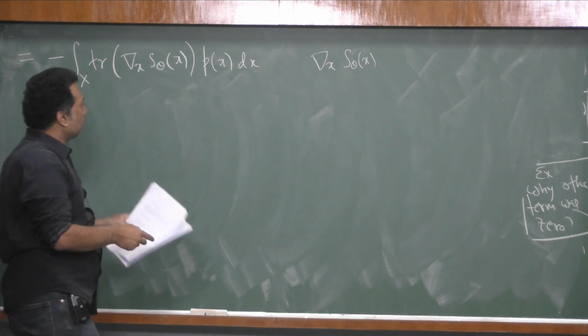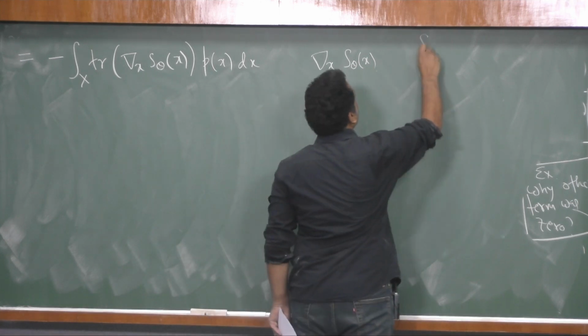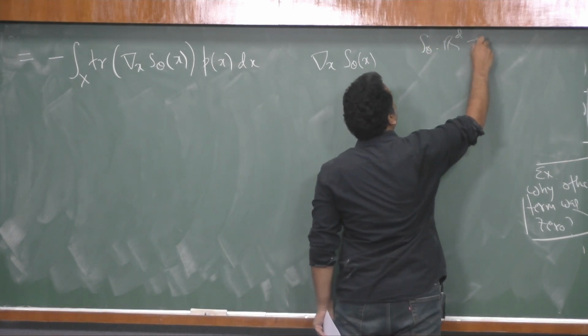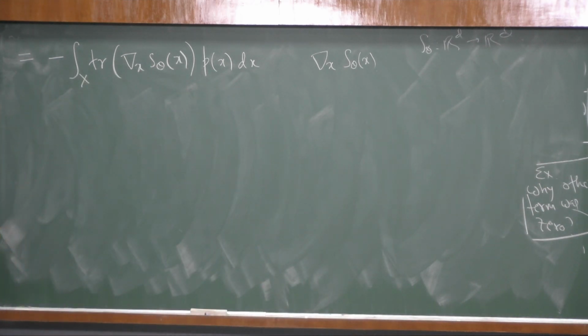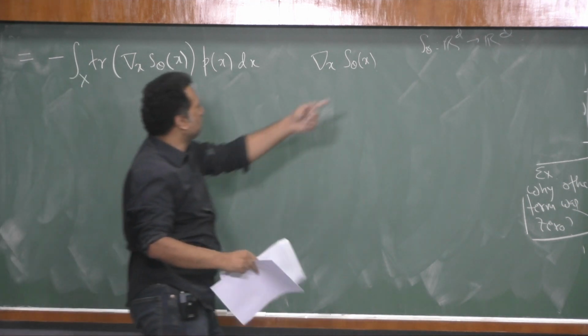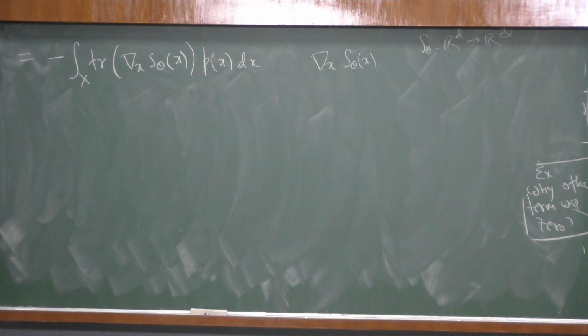And what will happen if you take the gradient of an R^d to R^d function? So s theta goes from R^d to R^d, and I'm supposed to compute the gradient of this with respect to x, and x is of course also in R^d, because from here itself we know that the domain quantities are in R^d. So this will be a d by d matrix.